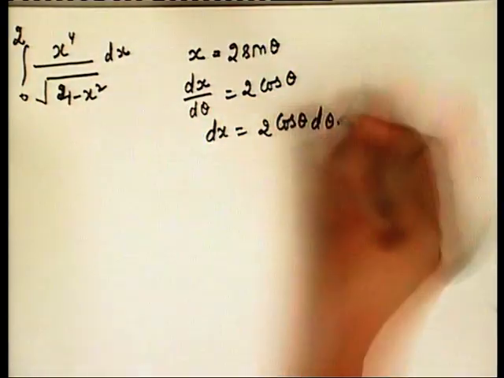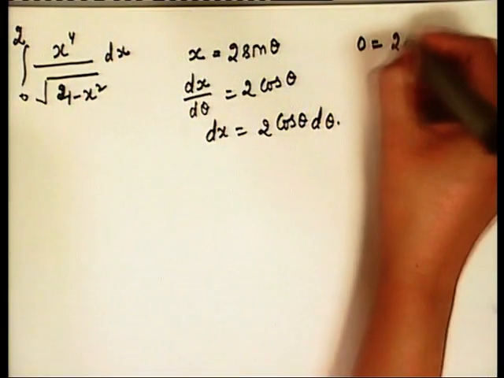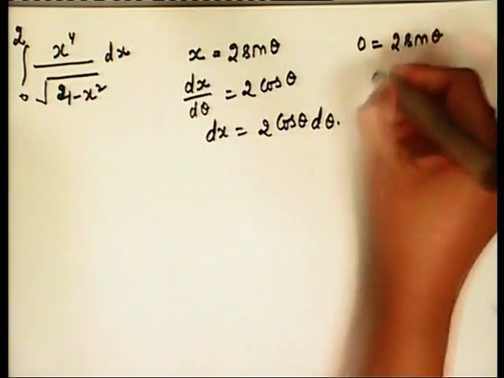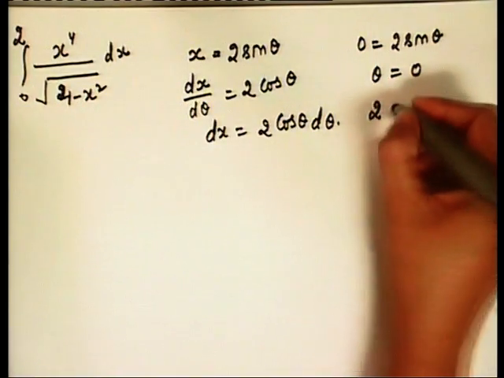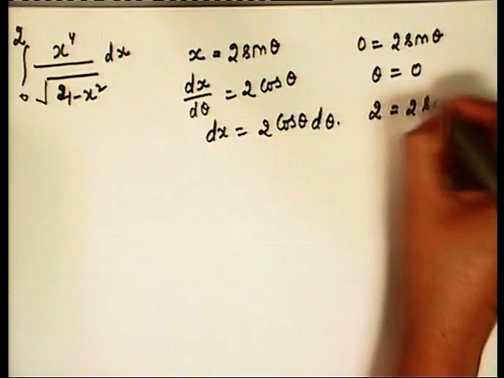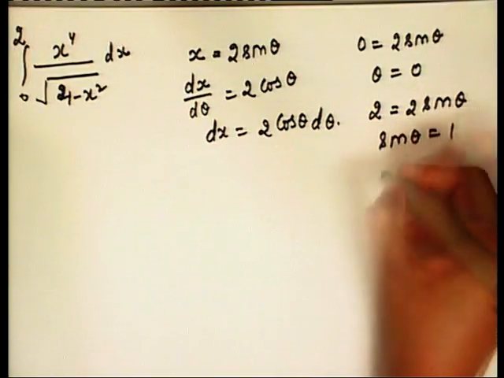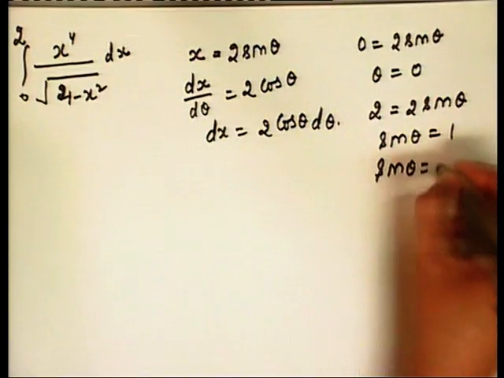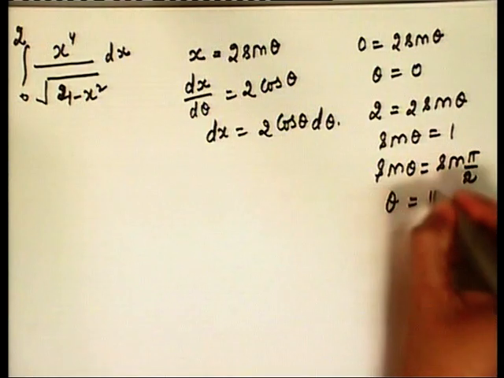Limit: when x is 0, we get theta equal to 0. When x is 2, sine of theta is 1, so theta is pi by 2.